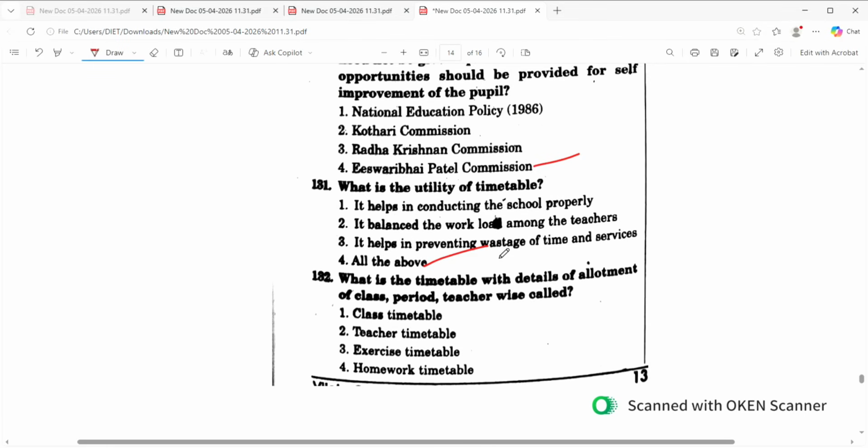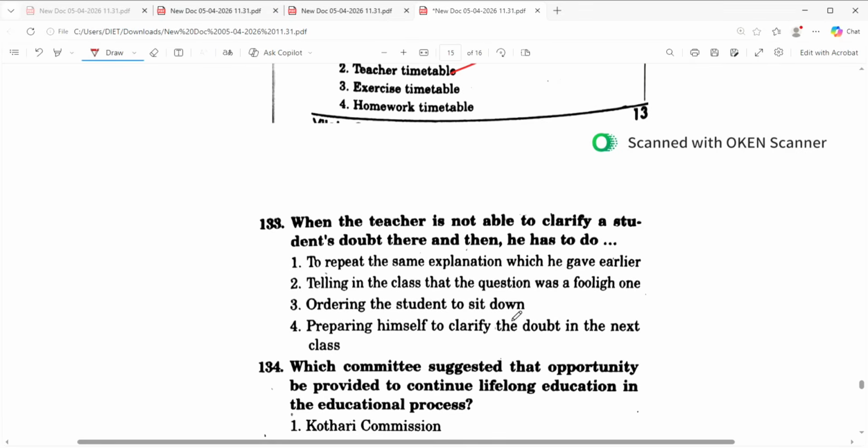The answer is 2. When the teacher is not able to clarify a student's doubt, he has to tell the class, no, first one wrong, yeah, right? Next class, 133. If you are not able to do that one, go for next class.